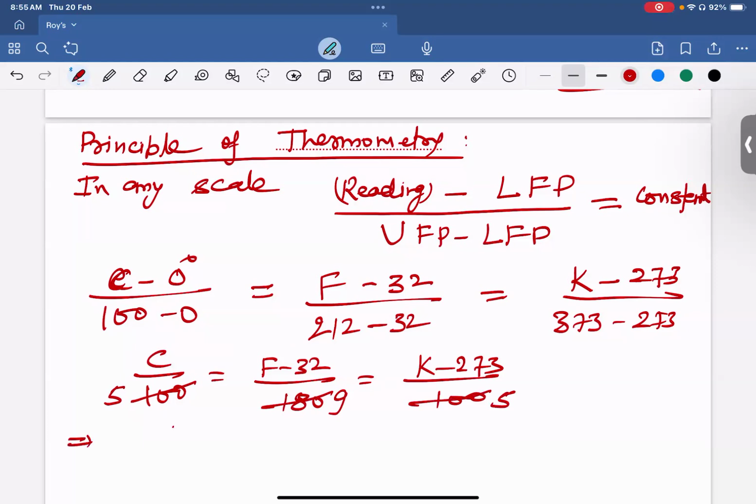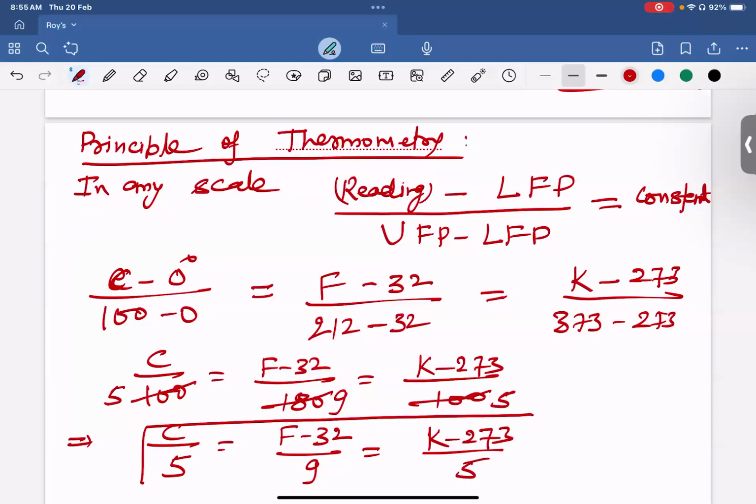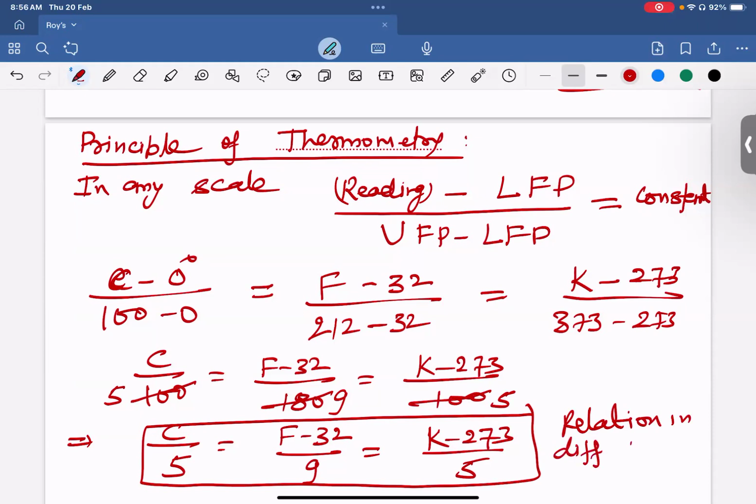So finally, we can write C by 5 is equals to F minus 32 by 9, and that is equal to K minus 273 by 5. This is the relation between different scales. And if you want to convert Celsius into Fahrenheit or Fahrenheit to Celsius, you can use this formula.